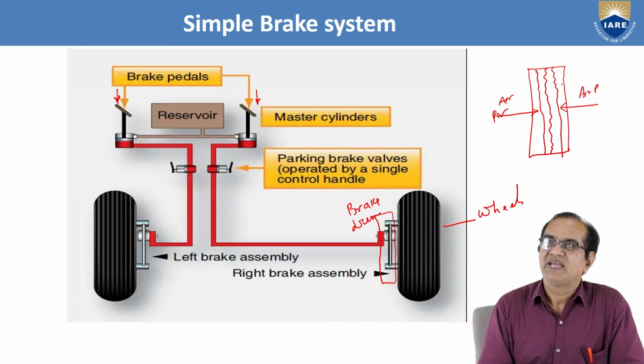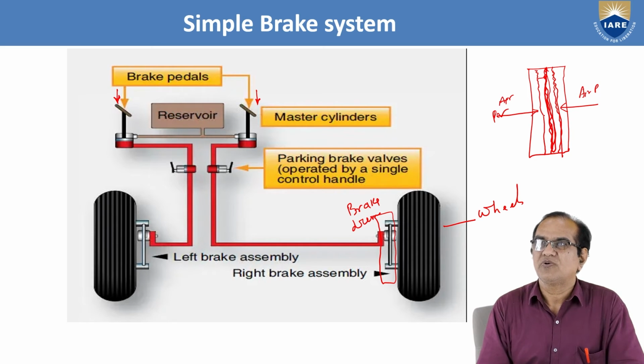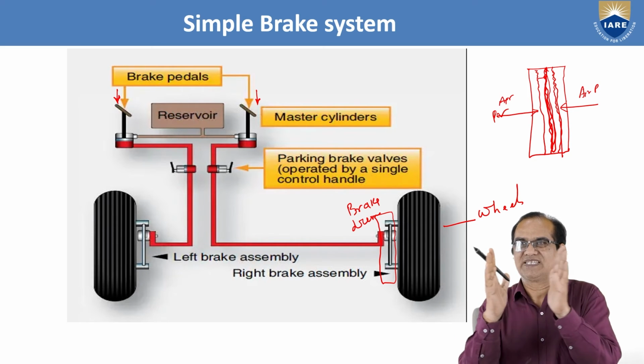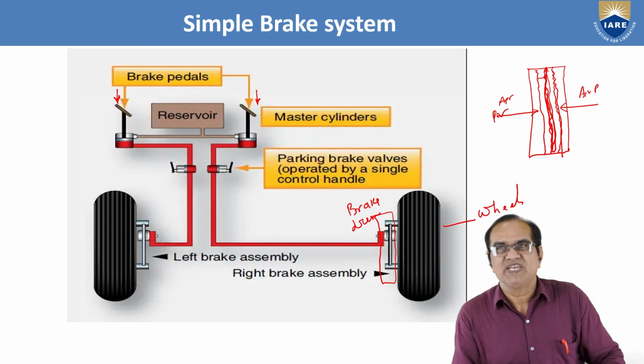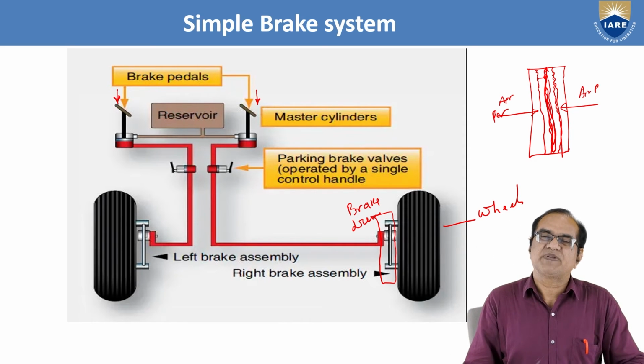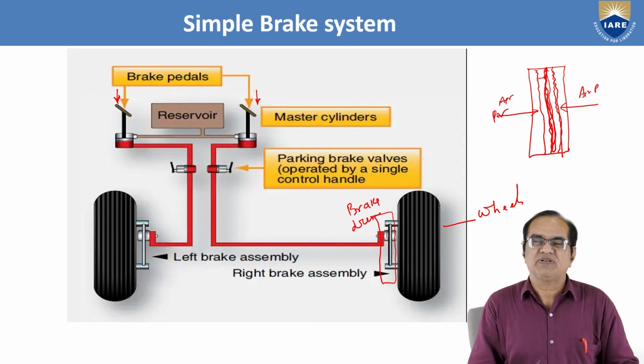So what happens? Here are frictional discs. A lot of friction is here. Here also friction. So they will come closer and they all will try to hold this due to pressure. So this will be stuck like this. So your wheel will be stopped.